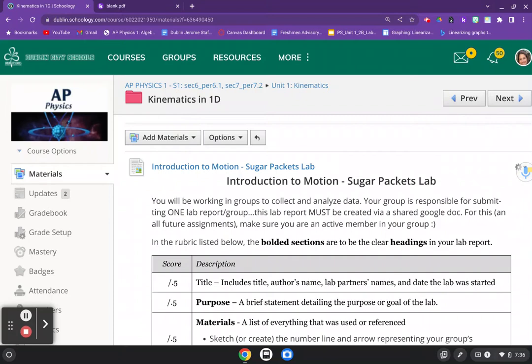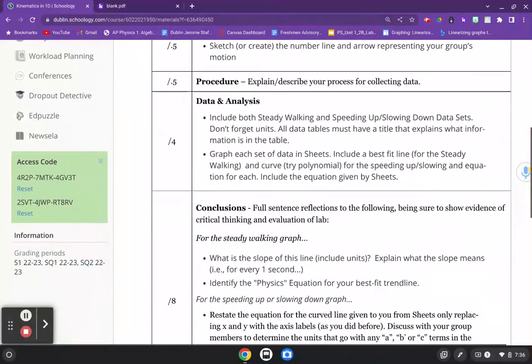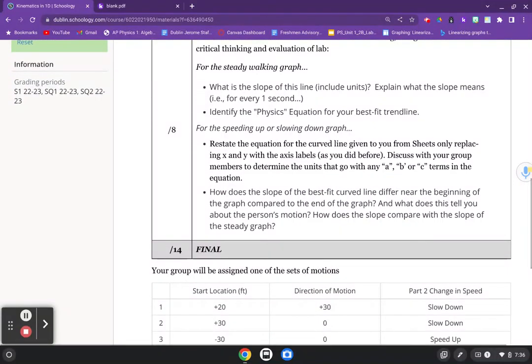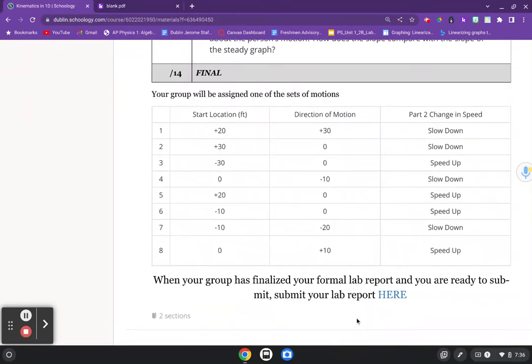All right, so basically what your group is going to be doing is you're going to be creating this lab report. All right, and let's talk about the data that you're going to be collecting, because that's what you need to know today. So each of your lab groups should have been assigned a number today. Let's say you are number 1.